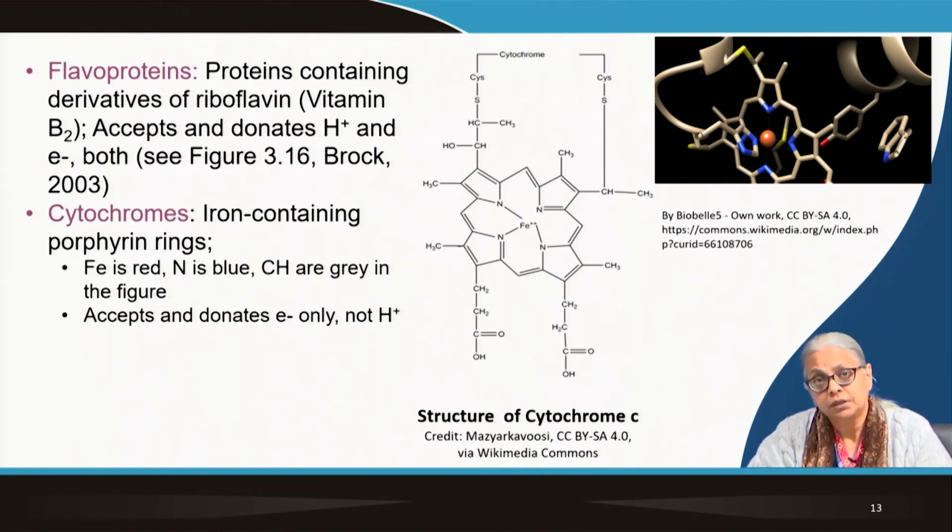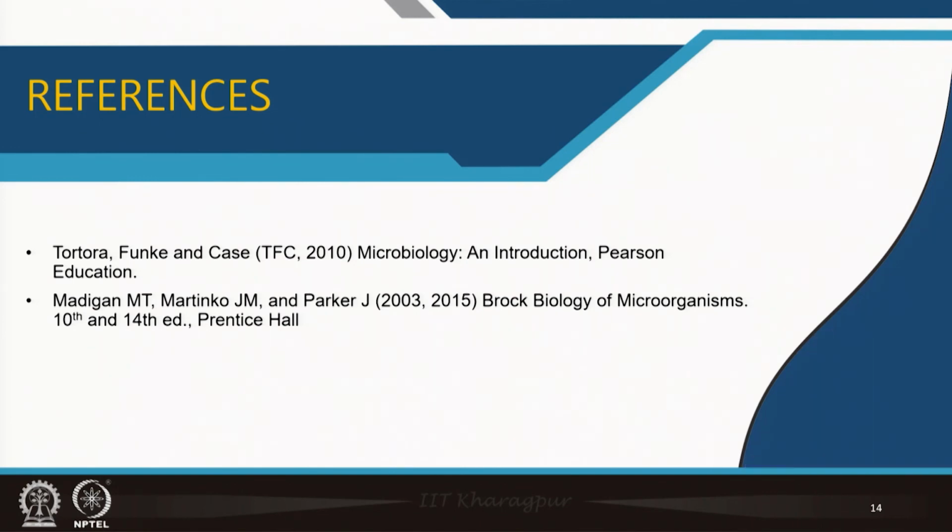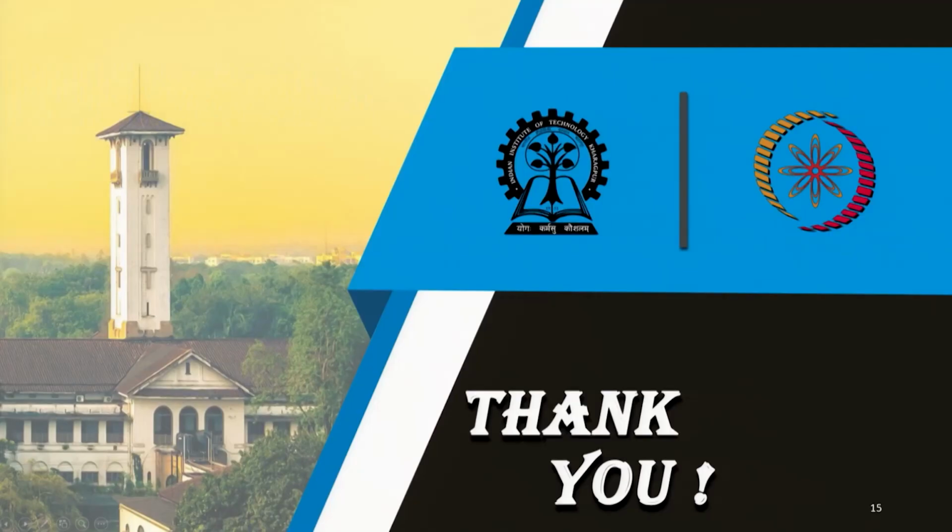They do not do anything with protons. So these are two different types of carriers, and they are both very crucial because one set of them can both accept protons and electrons, and the other one only electrons. That brings me to the end of part 1, and we will go with some of the other parts of this topic in the next part.